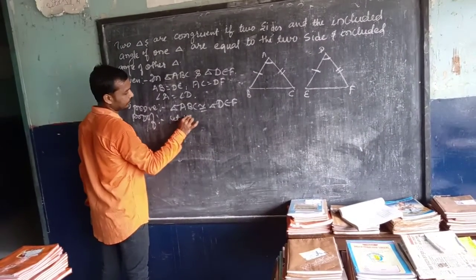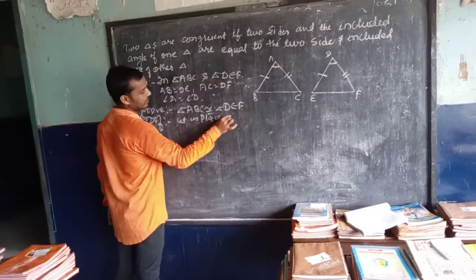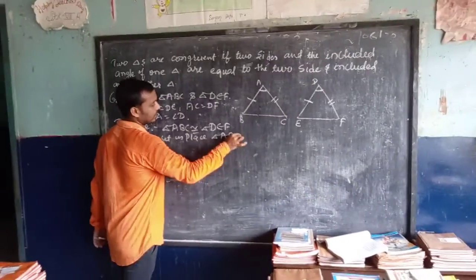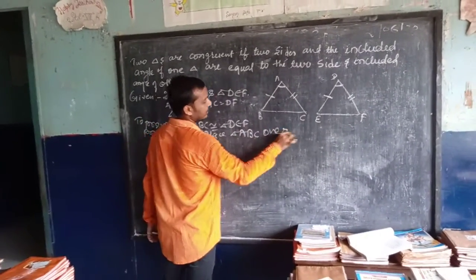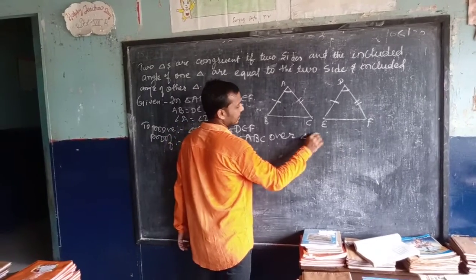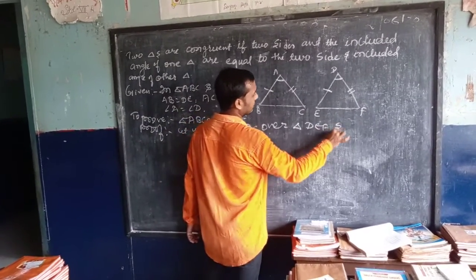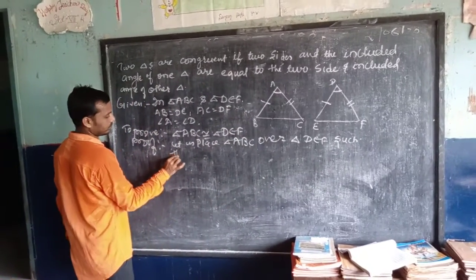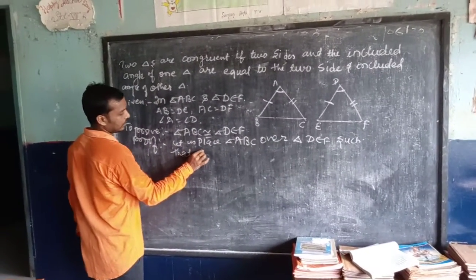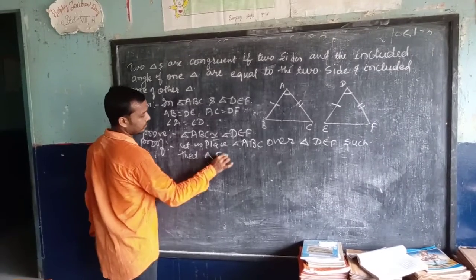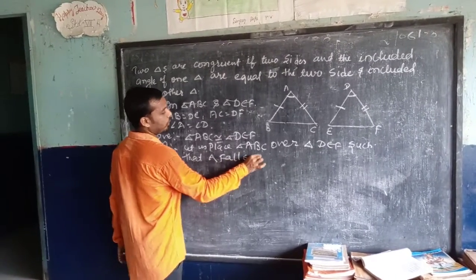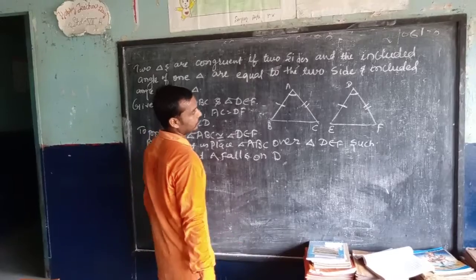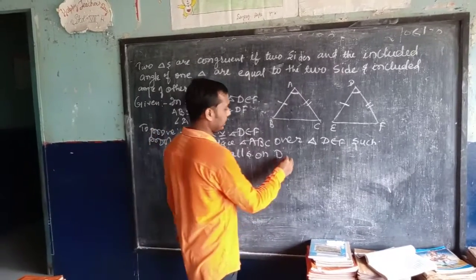Let us place triangle ABC over triangle DEF such that A falls on D.